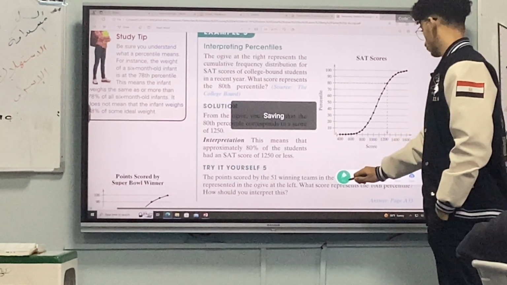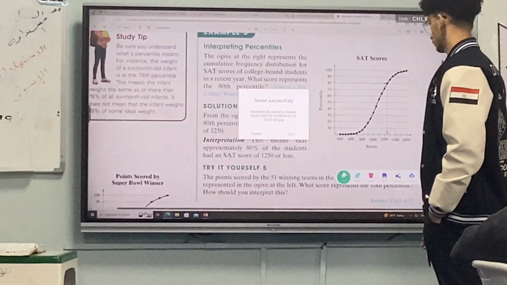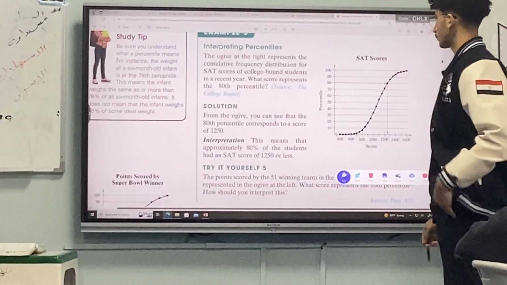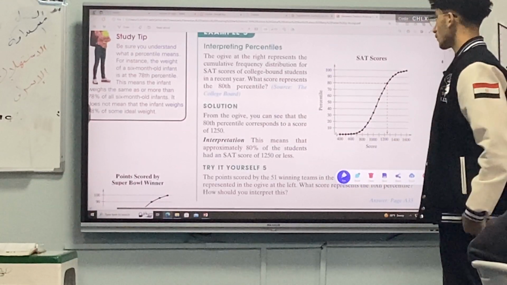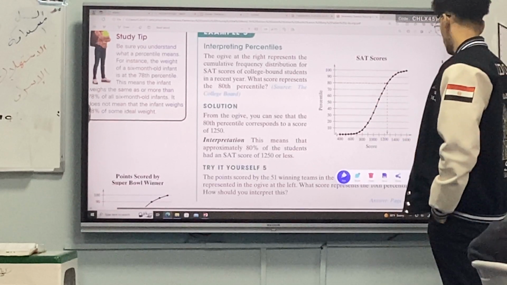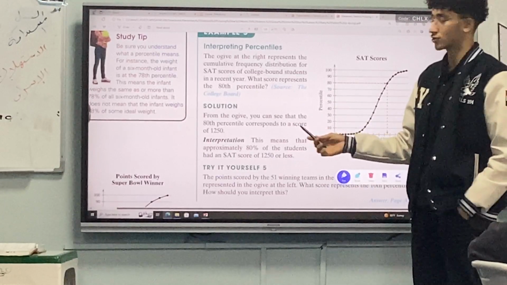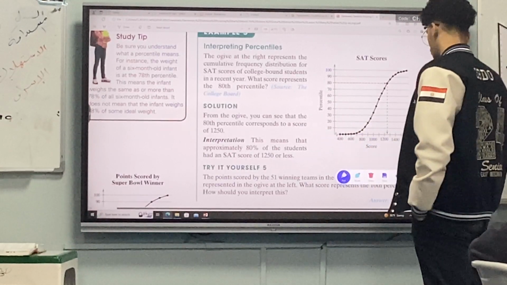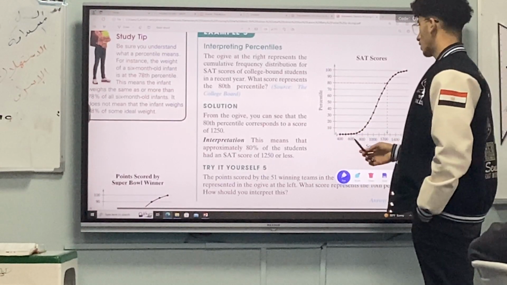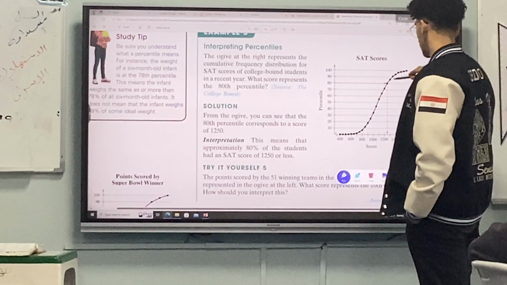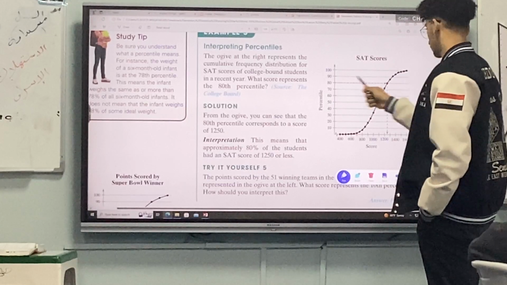Okay, now how are you going to find the percentile? So what score represents the 80th percentile? Correct, percentages, and then we look at the x-axis of the scores. Since this is cumulative frequency, we can just find where to draw a line.